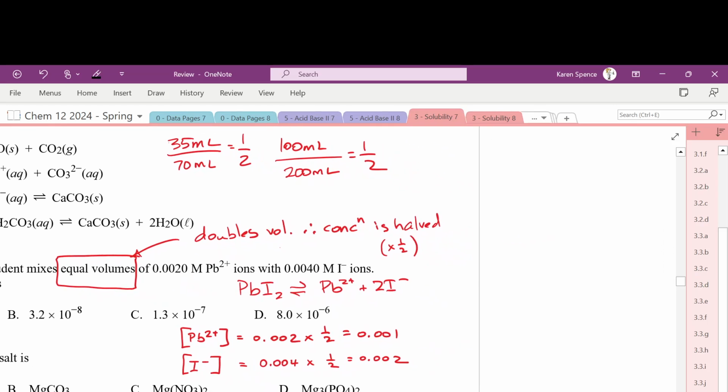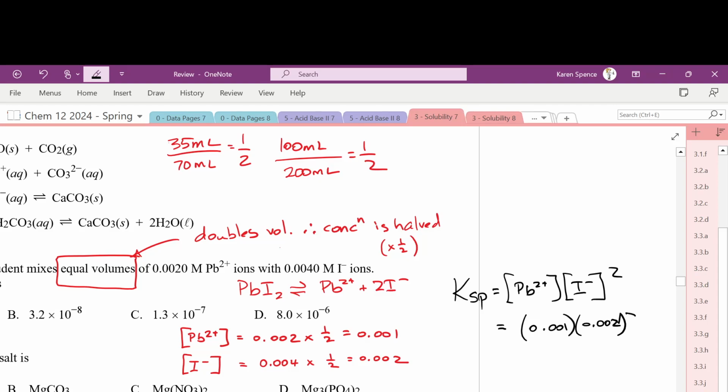So our KSP then is lead times iodide squared, which is going to be 0.001 times 0.002 squared, which equals 4 times 10 to the negative 9.